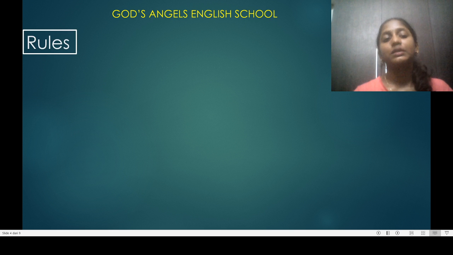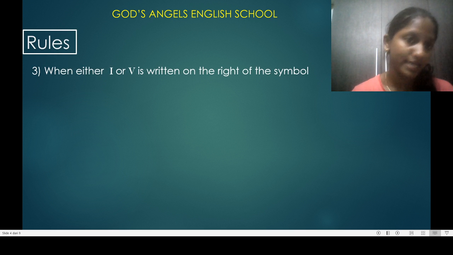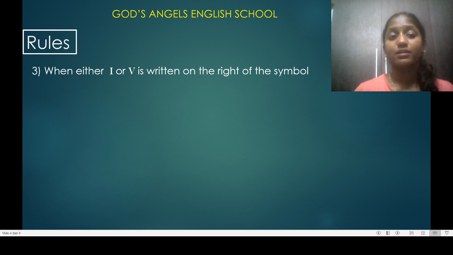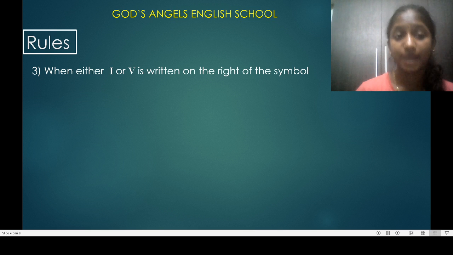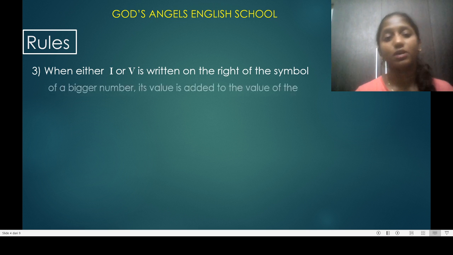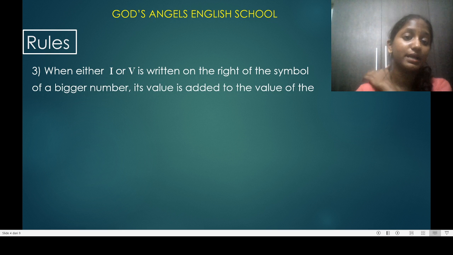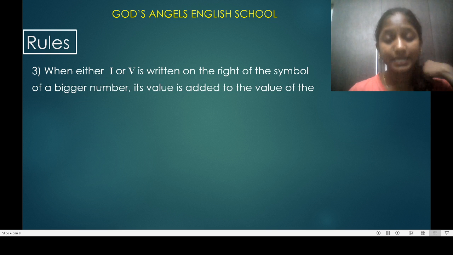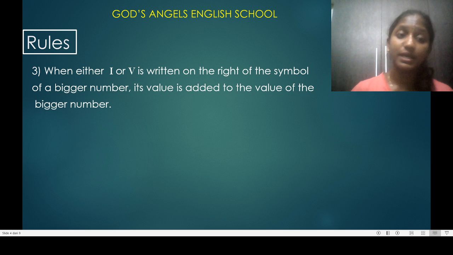Okay, now the next rule is when either Roman numeral 1 or Roman numeral 5 is written on the right of the symbol of the bigger number, its value is added to the bigger number.